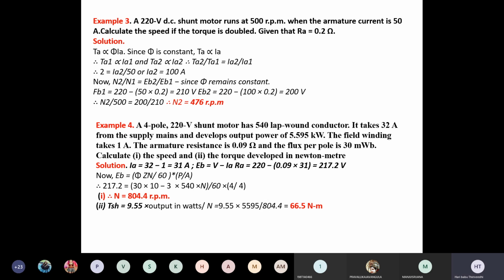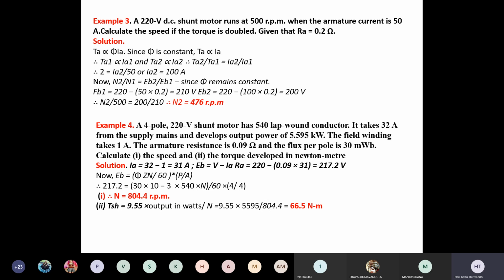Having determined the speed, we determine the torque, which is generally armature torque. Most of the time we have to calculate armature torque, 0.159 Z IA into P by A. All the values are there, so we can determine armature torque also. But since the first option determined speed, we go for shaft torque.